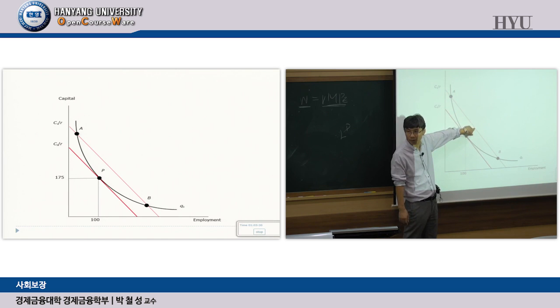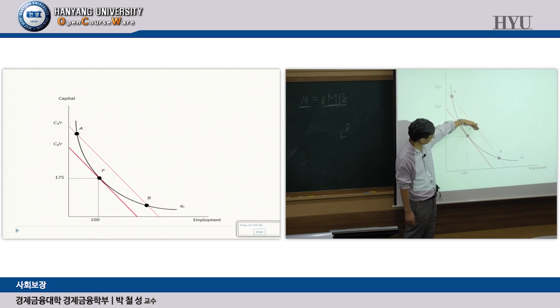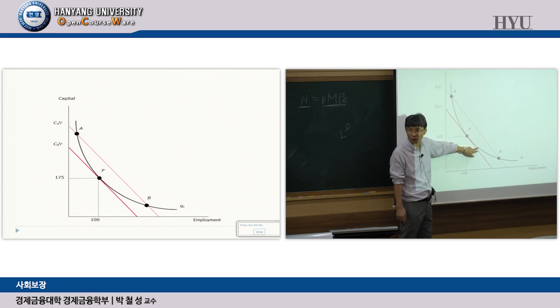Now you should ask, can I find a cheaper way to produce Q0, right? Then A and B. So what you do is try to shift this isocost line inward. You just push it down and push it down, but you should not go over.